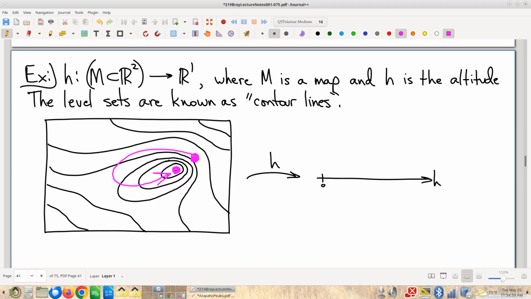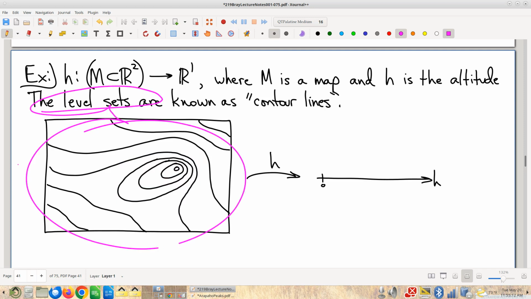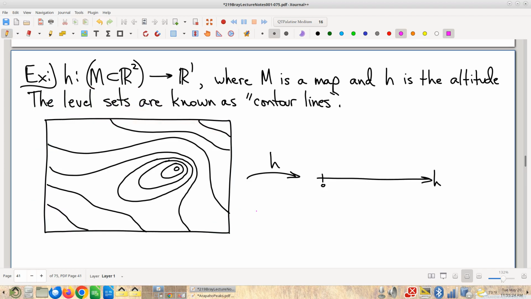So without even seeing the mountain, this helps us understand and make good decisions about how to put together your hike. So level sets can be a really good way to understand a function. We're understanding the altitude function here with a two-dimensional picture. And that's nice.